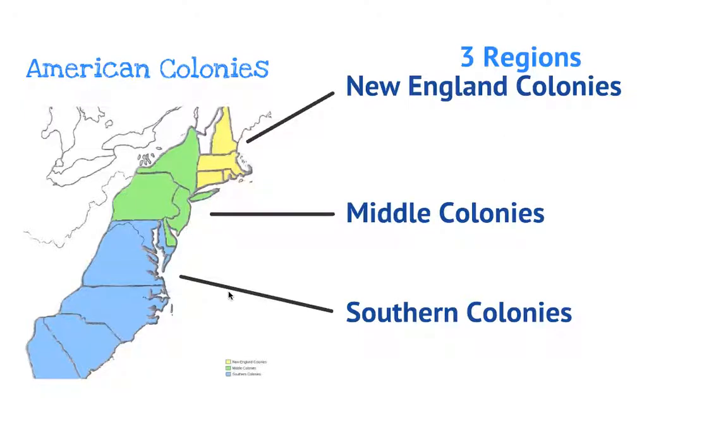But again, geography is going to impact a lot of stuff. Not only geography, but whenever we look at New England, it had an incredibly cold climate. So cold, there's no way for you to really recover from being outside until you go inside.